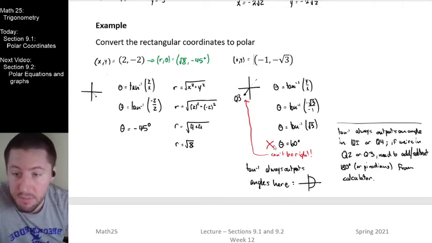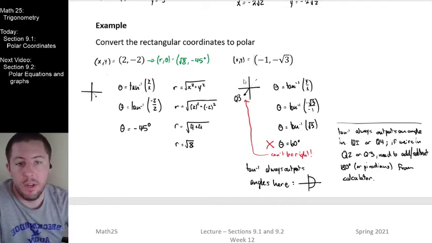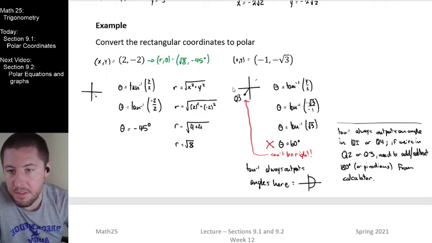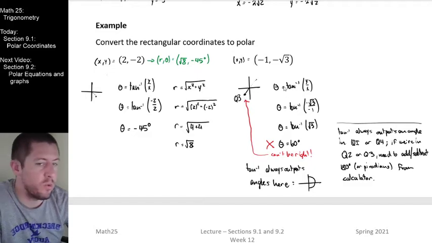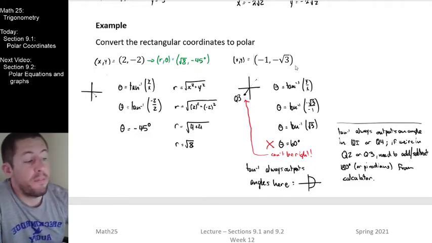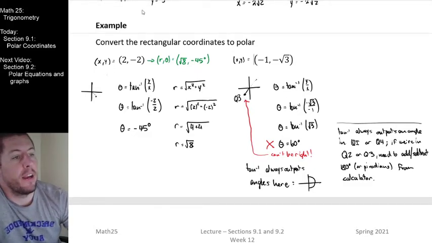So I'm going to add 180 to this. I'm going to get 240 degrees as my appropriate location. And that makes sense for this angle over here, that we went 180 to get here and then 60 more from the negative x-axis to get all the way around to where our point was at. So we found our more appropriate theta here.